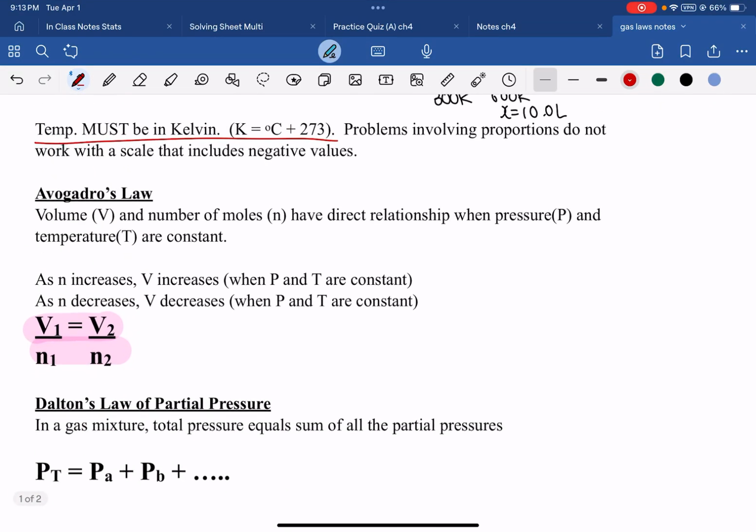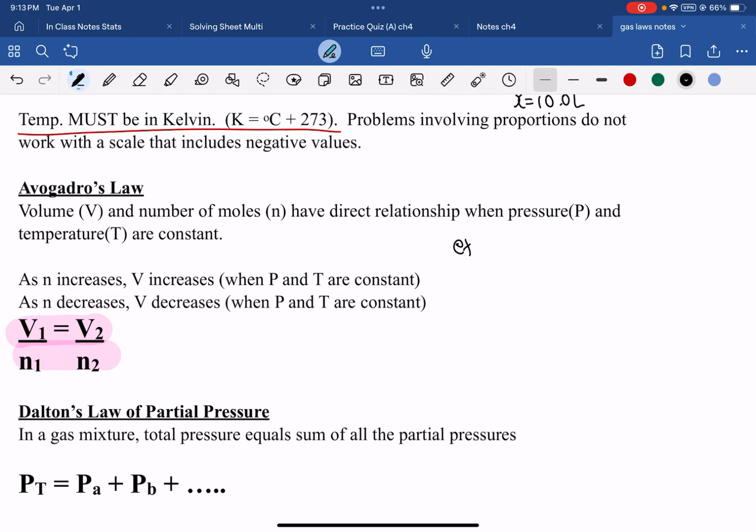Next, we're going to look at Avogadro's law. Avogadro's law states that at a constant temperature and pressure, the volume of a gas is directly proportional to the number of moles. So, for example, if we had 2.0 moles of gas that occupies 10.0 liters, how much volume will 4.0 moles of that gas occupy?